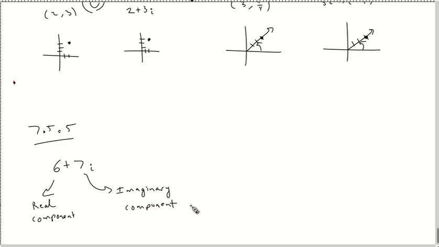But like I had said, all this here is just x plus yi or iy or whatever you want to call it. So that's your x and that's your y. Here we go. So I've got 1, 2, 3, 4, 5, 6. 1, 2, 3, 4, 5, 6, 7. Ta-da!